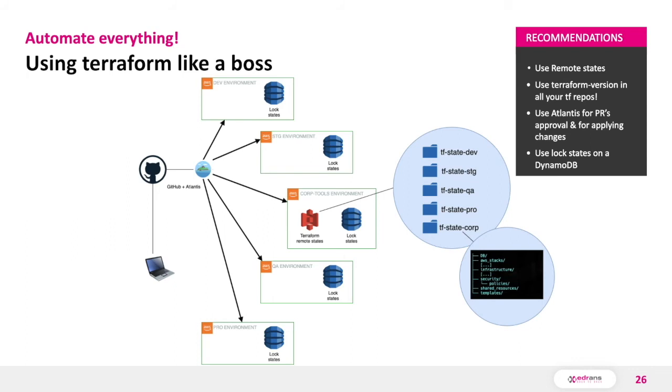I would like to introduce a tool that I like very much, which is called Atlantis, a Terraform pull request automation tool, kind of a unified workflow for collaborating on Terraform through GitHub. This tool is in charge of performing some tests and evaluating if your pull request is compliant with the definition of done in your company or department.